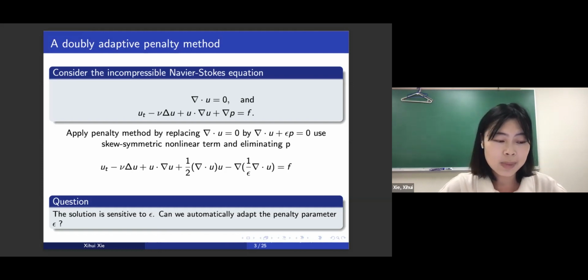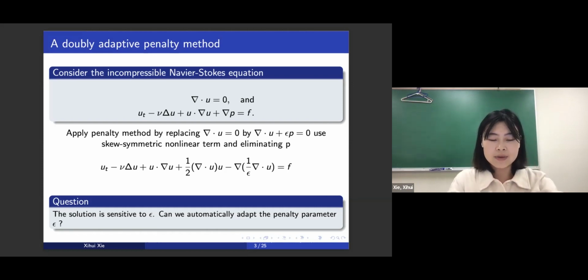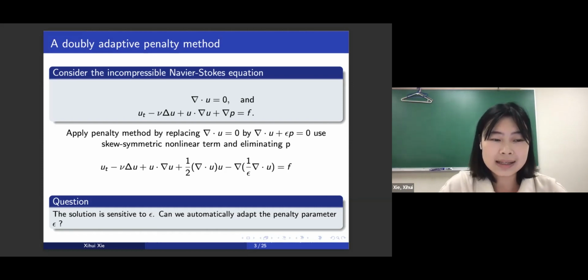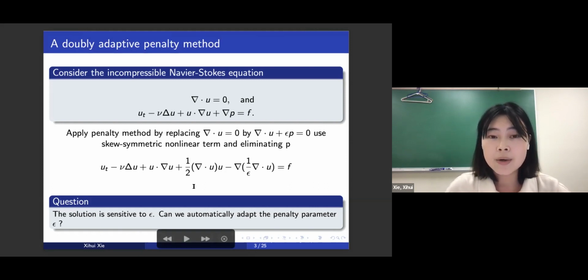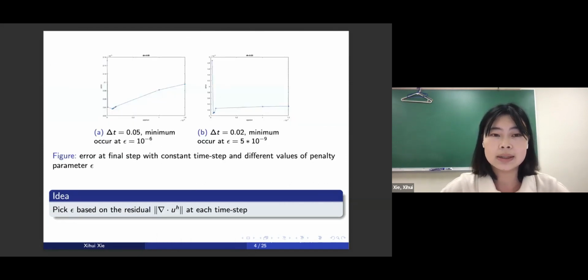All right. So this penalty method is very efficient, and also costs less memory. The question is, there are many papers that already studied the penalty method, and they found that the solution is sensitive to the choice of epsilon. And in this paper, we do a little test. This is the plot of error at final step with constant time step versus different values of penalty parameter.